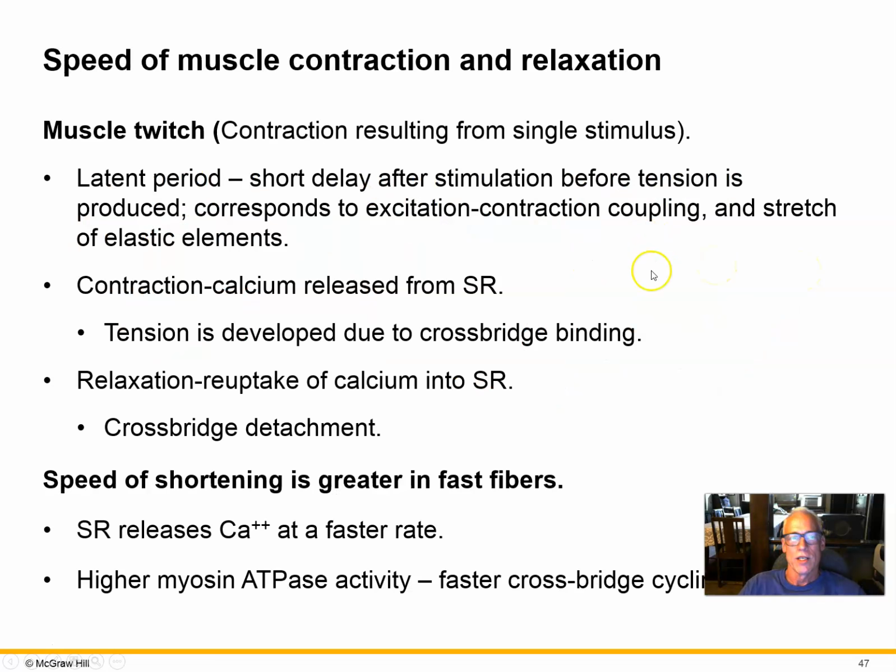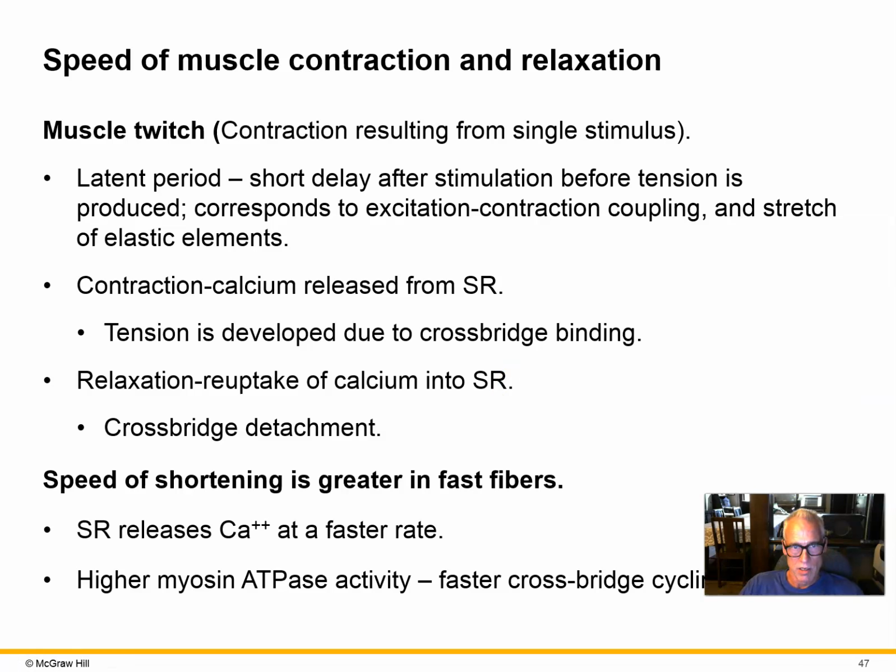A muscle twitch is a single stimulation and the tension that's produced. In other words, if we send one burst of acetylcholine into the neuromuscular junction, receptor channels will open, action potentials will momentarily shoot across the muscle cell membrane down into the T-tubules. Calcium will be released from the sarcoplasmic reticulum.